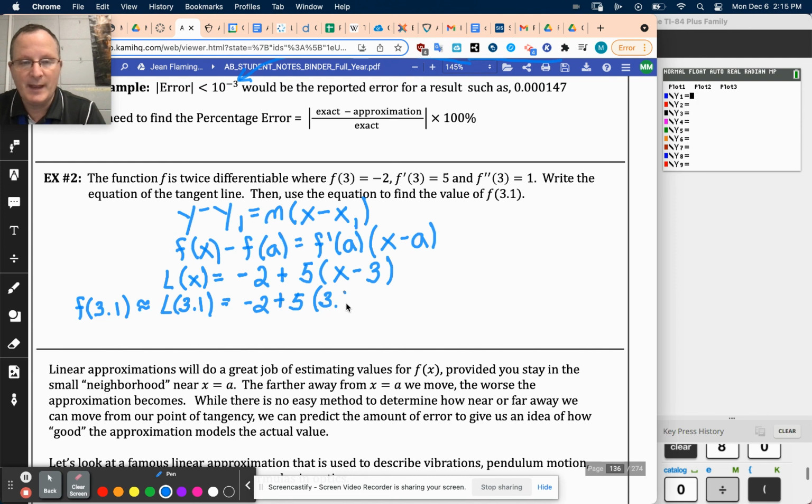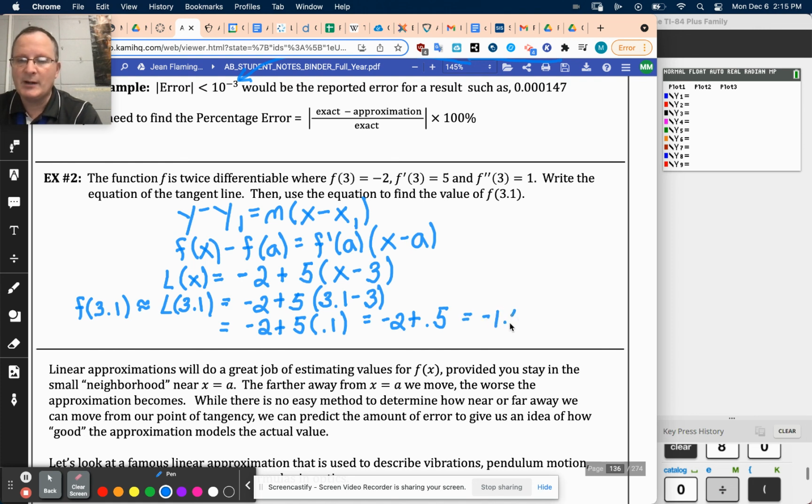Again, nothing new. We've done that before. We're just using a little bit different notation here, but you can still think of it just like before. So it's going to be negative 2 plus 5 times 0.1, which is negative 2 plus a half, and that's negative 1.5.